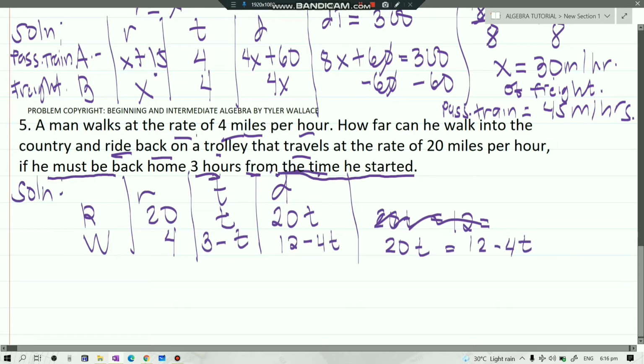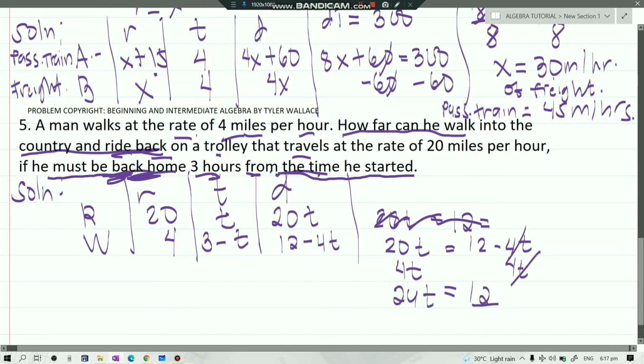Okay? So, bakit equal? Kasi if he must be back home. Okay? And how far can he walk into the country and ride back? So, yun na yung mga clue sa problem para maging equal. So, isolate mo lang yung may variable. So, lipat mo to. Cancelled out, and you will get 12 is equals to 24t. Divide both sides by 24, and you will get t is equals to 0.5.